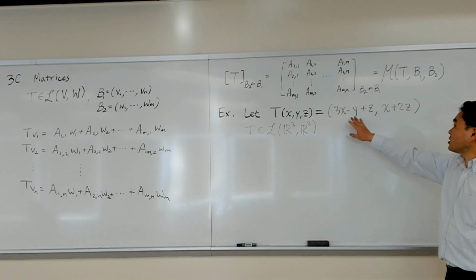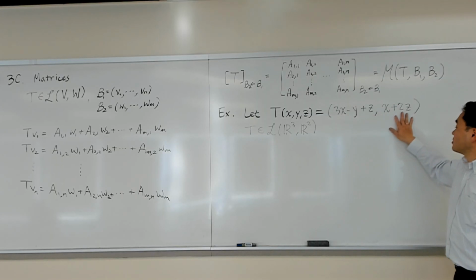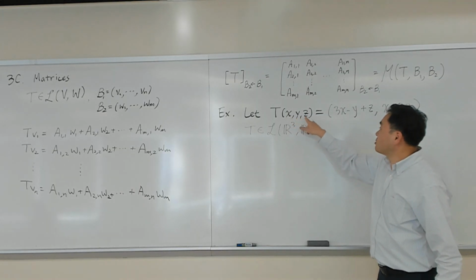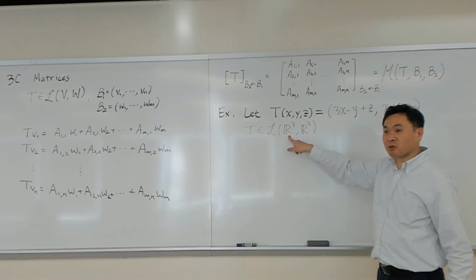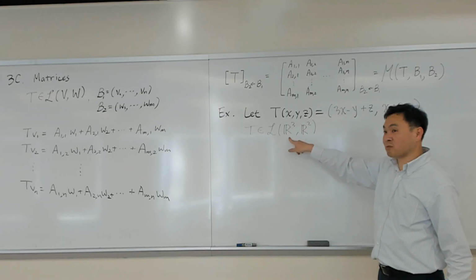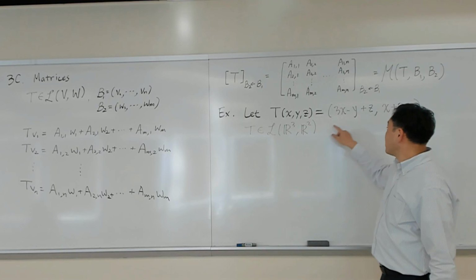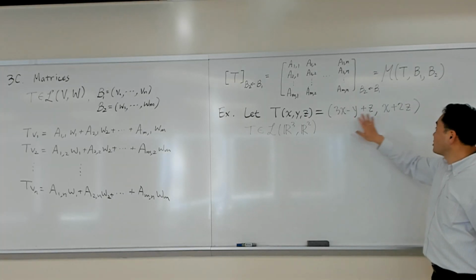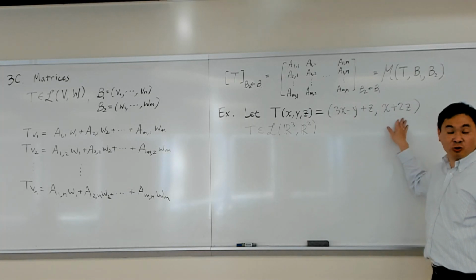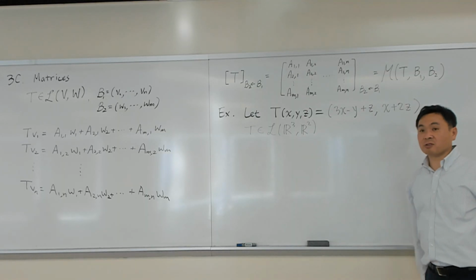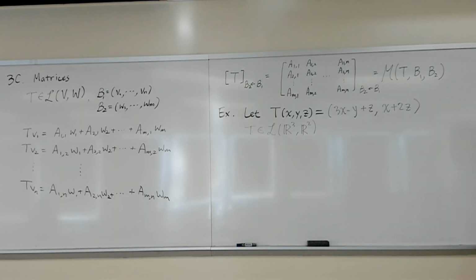It makes sense because you're feeding in 3 numbers, so the domain is the vector space R3. And then the result is something comma something, so it's 2 real numbers, so the result is the vector space R2.